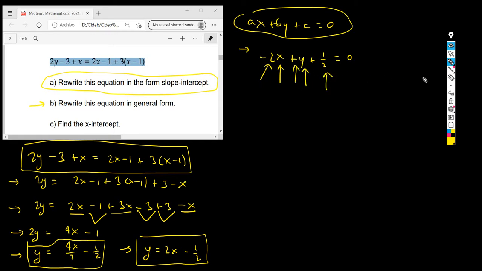That's it. Now, maybe you have this, like 2x minus y minus 1 half, and that would also be okay, right? Because if I multiply times -1 on both sides, that would be okay.